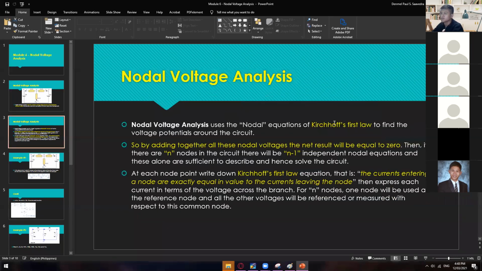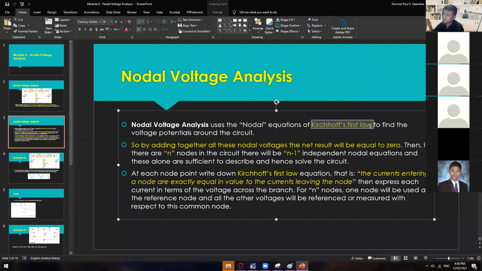Let me go back to the superposition theorem. In superposition theorem, you can apply KCL and Ohm's law, basically those two fundamentals. In nodal voltage analysis, the main source of your solution is Kirchhoff's first law, and some Ohm's law.